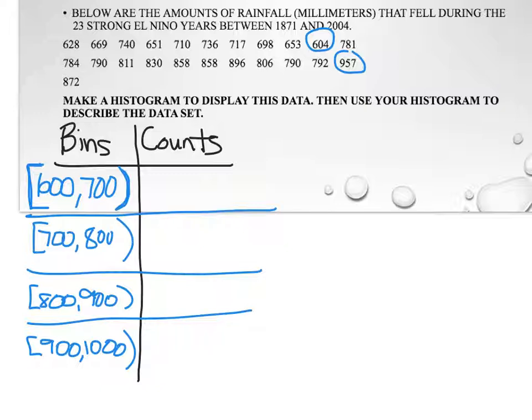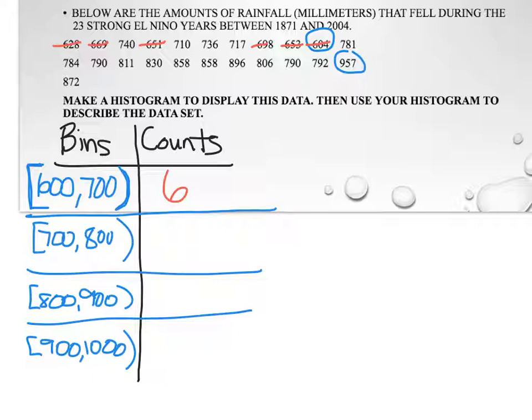Now I want to find my count. So I want to find how many numbers are between 600 and 700. Well, 1, 2, 3, 4, 5, 6. I have 6 numbers. So in my counts I'll put 6. Okay. Then I want to look at my 700s.